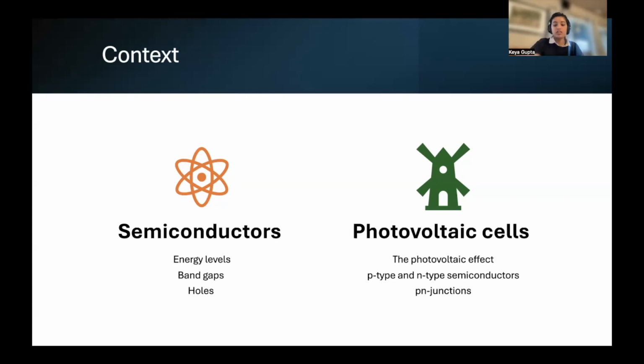The other really important thing about solar panels is photovoltaic cells, or solar cells. Photovoltaic is just a fancy word. Basically, in a solar panel you have two different layers of semiconductors. You have an N-type semiconductor, which has been doped and mixed with another material so that it has more valence electrons.